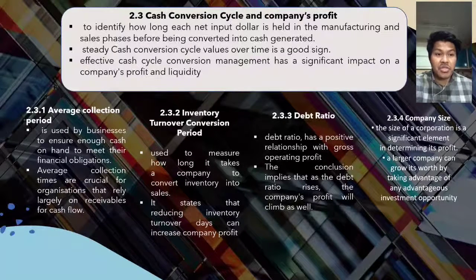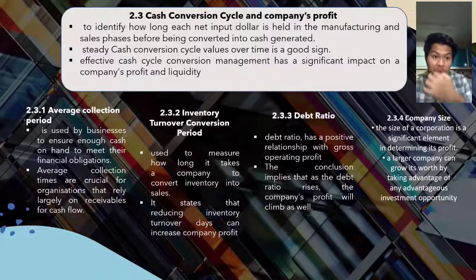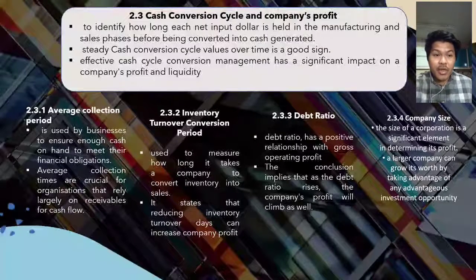First is the average collection period. Average collection times are crucial for organizations that rely largely on receivables for cash flow. It is used by businesses to ensure they have enough cash on hand to meet their financial obligations.